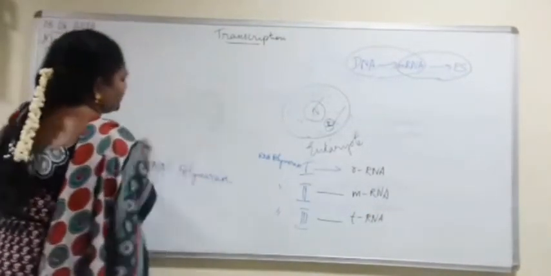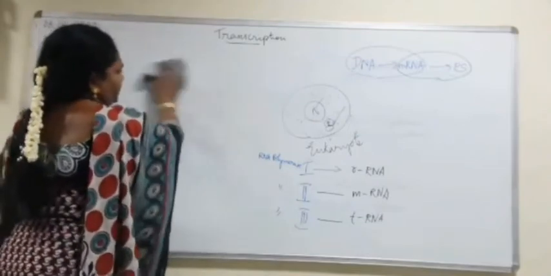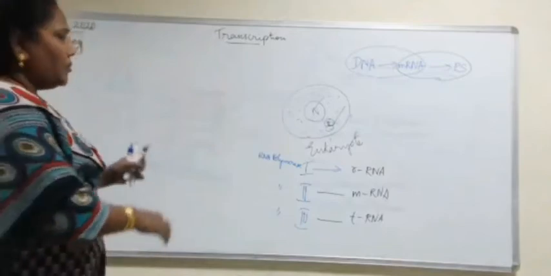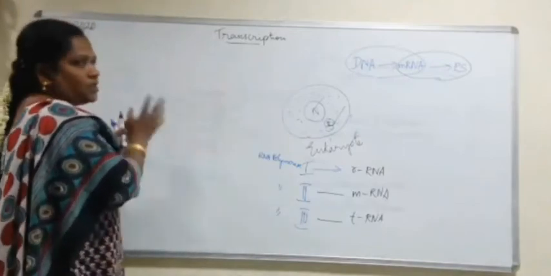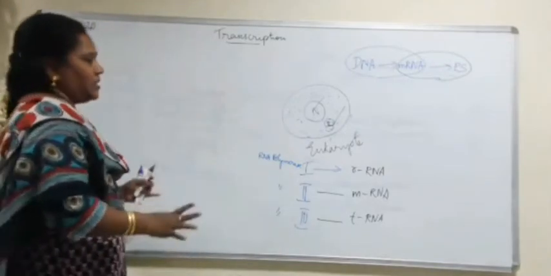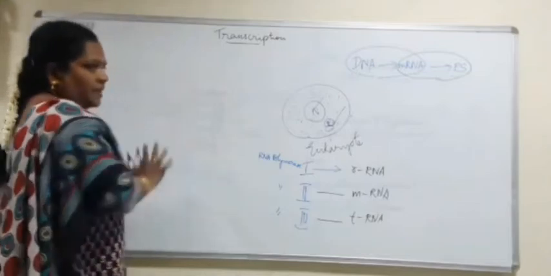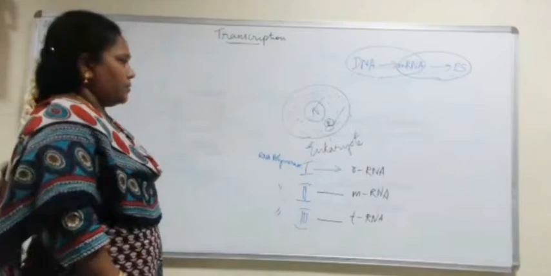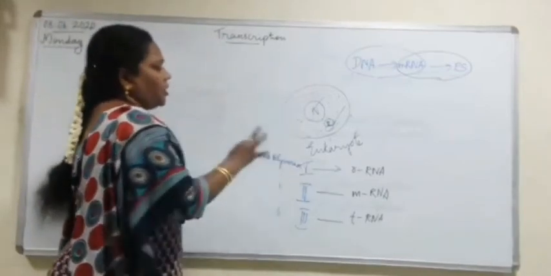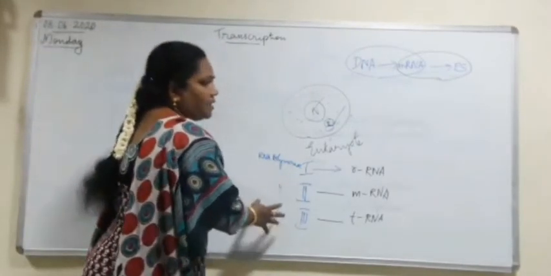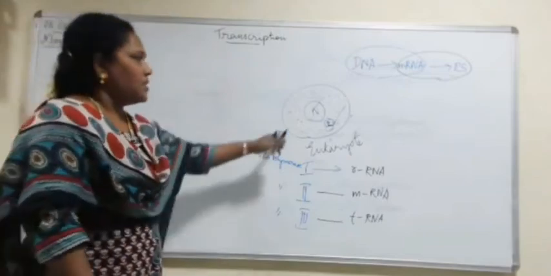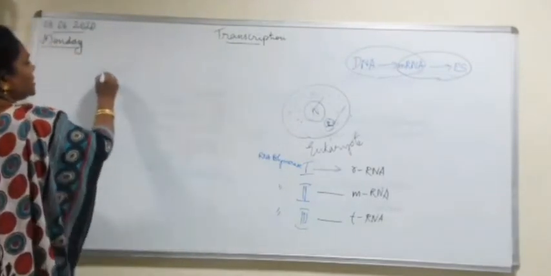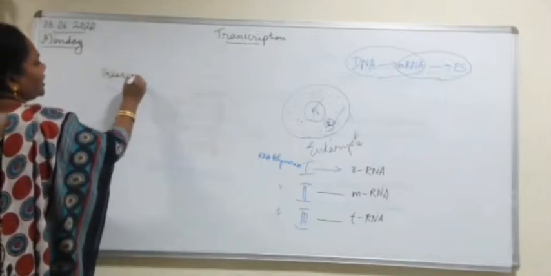Now, what is the main thing you are going to learn here? You remember this concept. In prokaryotes, I told you the same thing: initiation, elongation and termination occur inside the cytoplasm, and translation also takes place inside the cytoplasm. Now we are going to learn about eukaryotes, where the 3 types of RNA polymerase are involved. So what happens in eukaryotes? Transcription in eukaryotes.